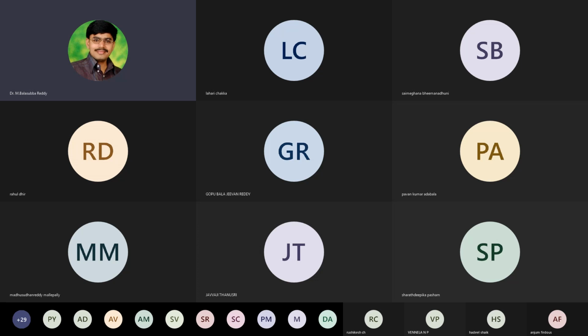At least complete the cycle 1 experiments first. Cycle 1 and cycle 2 each have 7 hardware experiments in total, and 3 are simulation, so cycle 1 is 5 experiments and cycle 2 is 5 experiments. I will give the total PPT: circuit, tabular column, waveforms, everything. You must write the cycle 1 experiment in your observation.